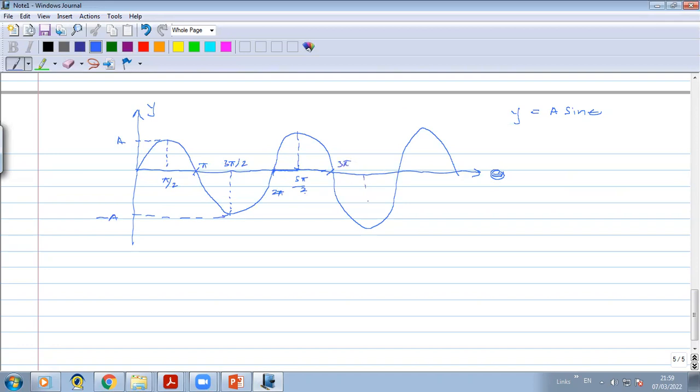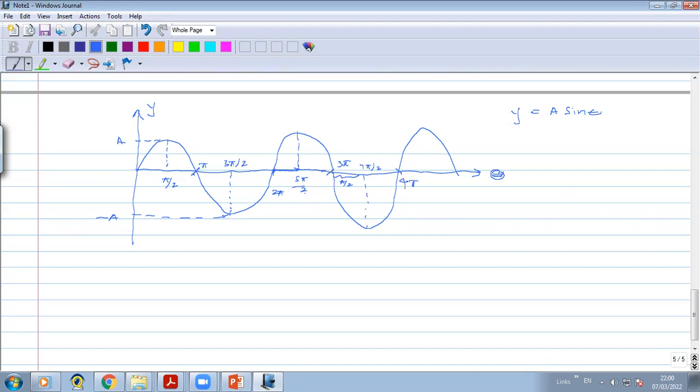And here it is 3π plus another π/2, so this length is π/2. So 3π plus π/2 is 7π/2. And what is this point? It is 7π/2 plus another π/2, that is 8π/2, that is 4π.